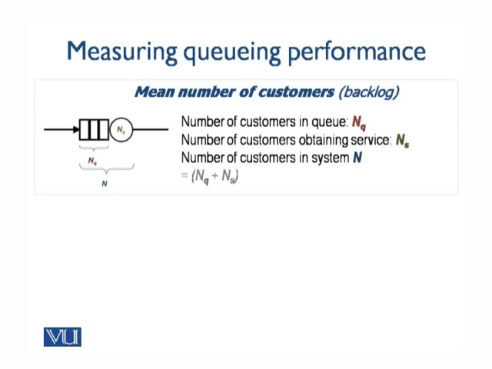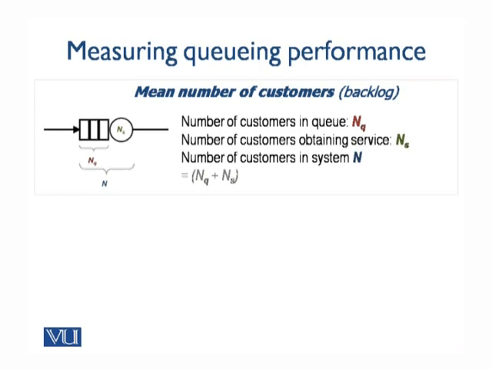The notation used for these terms is that we express the number of customers in queue by capital N_Q, and this is a random variable, so it changes as a function of time.